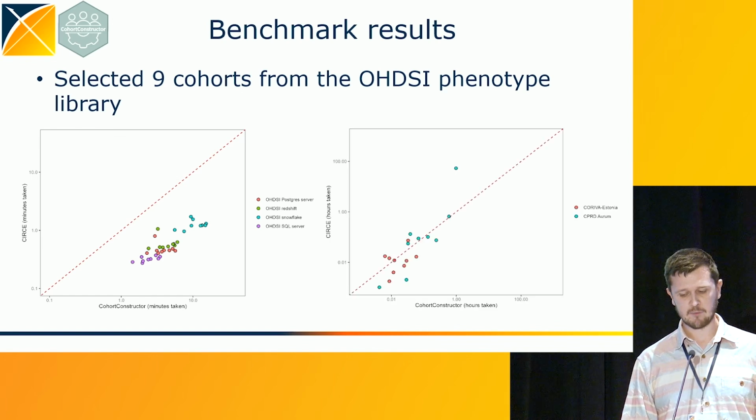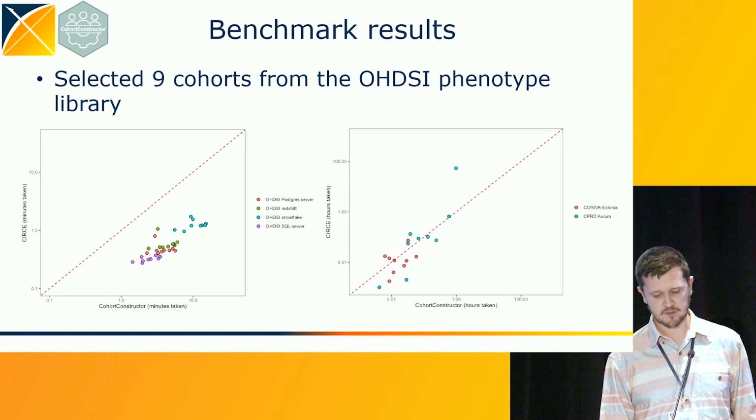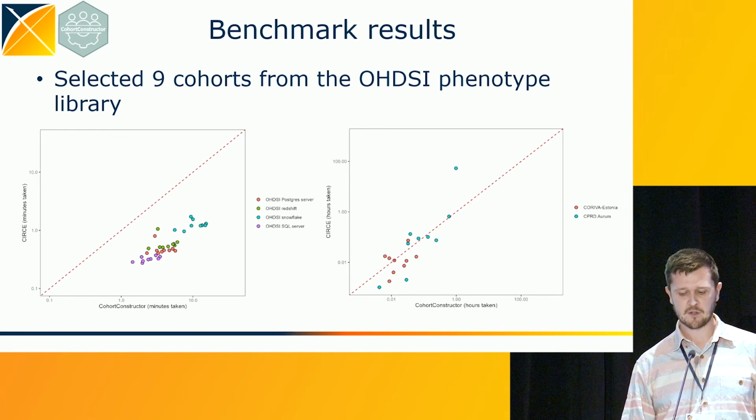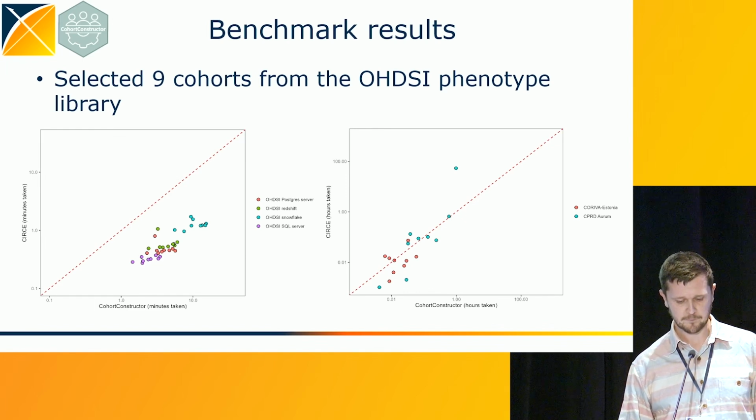But once we start working with real data, we see some differences. Here we have one data set from Estonia with around 400,000 people, and CPRD Aurum from the UK with close to 50 million people. Here we're no longer looking at minutes on the axis, but hours, and it's on the log scale.